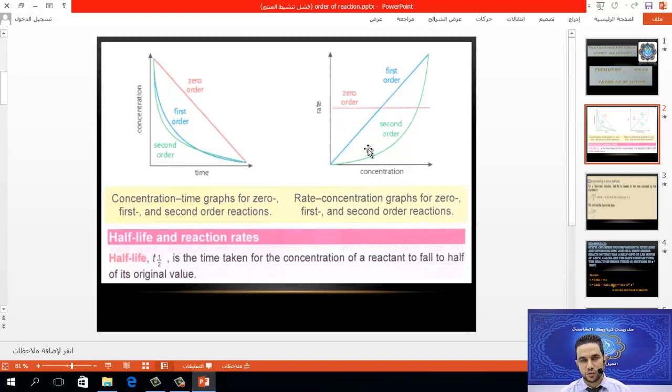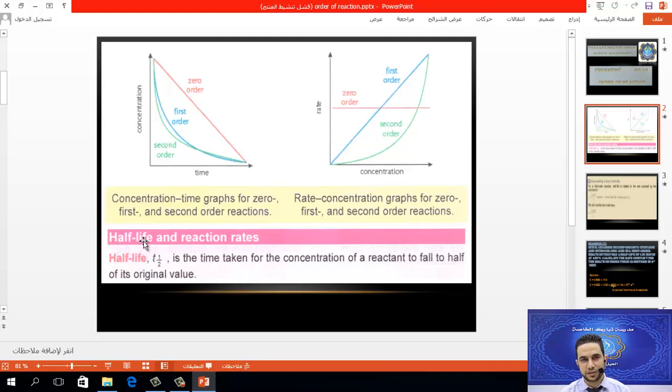The rate will increase 4 times. So you will see that the relation between rate and concentration for a second order reaction is a curve.